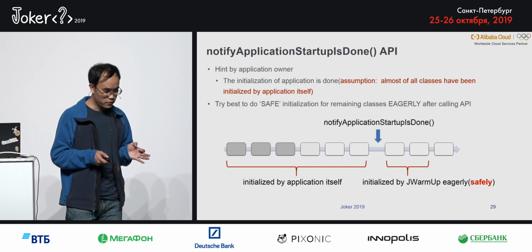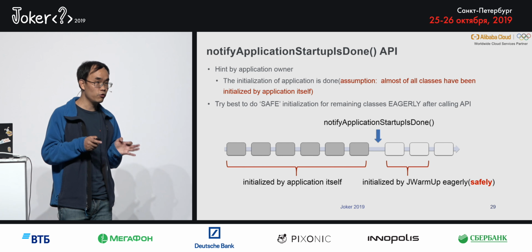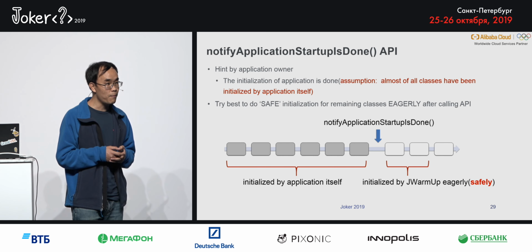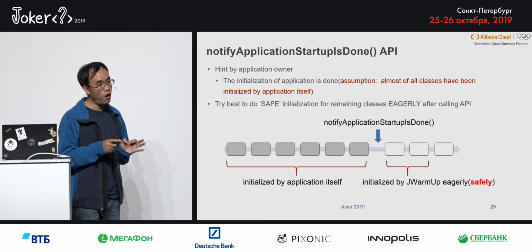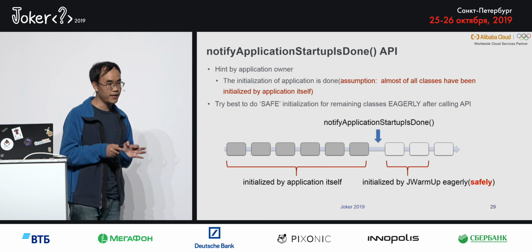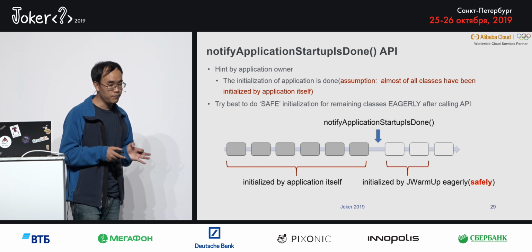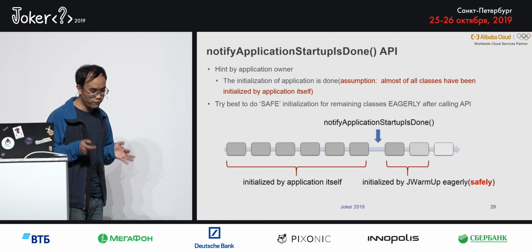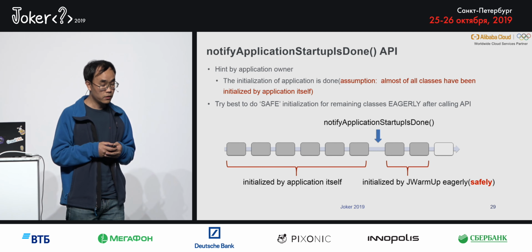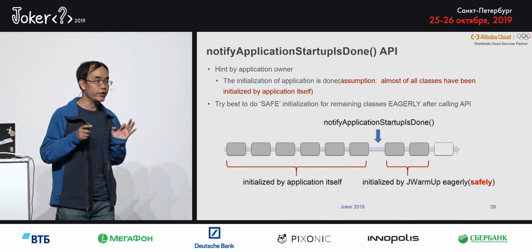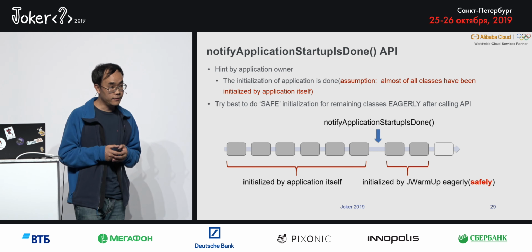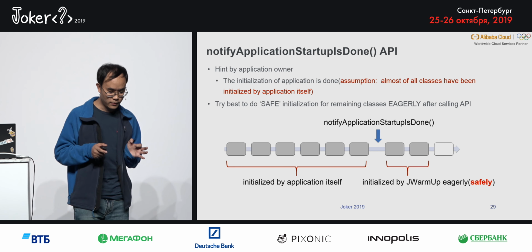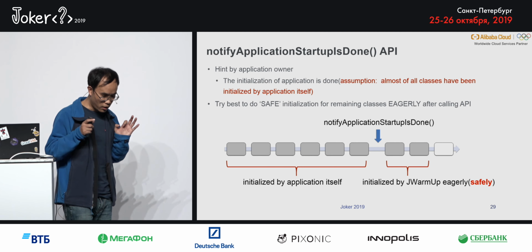In this phase, if you remember, we pre-compile methods for all the methods if their dependencies have been resolved and satisfied. After the API, we eagerly load and initialize classes.